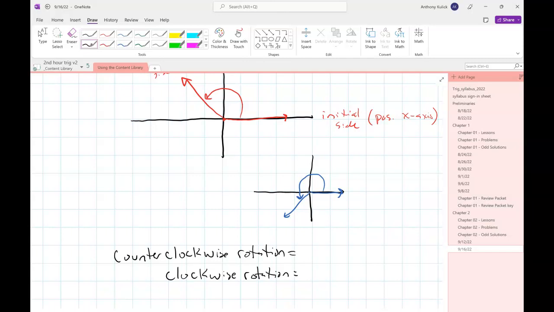Well, there's no reason I couldn't, so we're going to take advantage of that ability to rotate either direction. Our counterclockwise rotation, we're going to use for positive angles. And the clockwise rotation is going to represent negative angles.